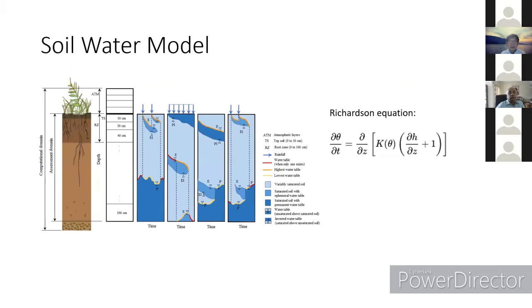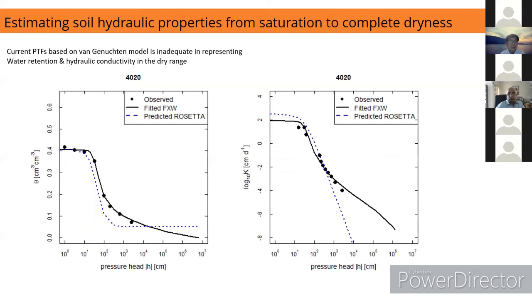One of the requirements to solve this Richards equation, and of any model, is estimating soil hydraulic properties, right? The most famous water retention curve is, of course, the Van Genuchten model, which we heard about this morning.